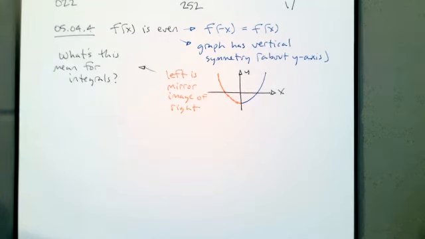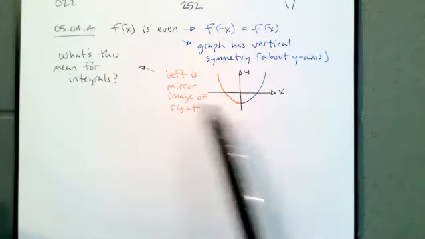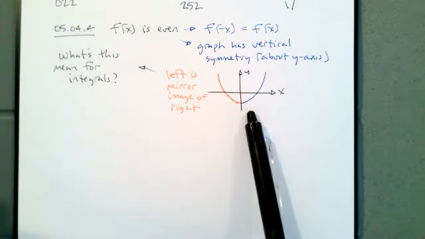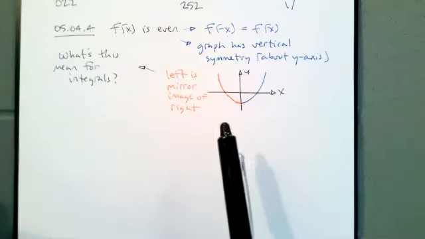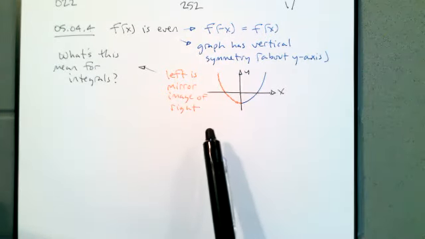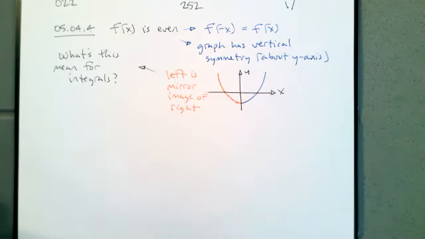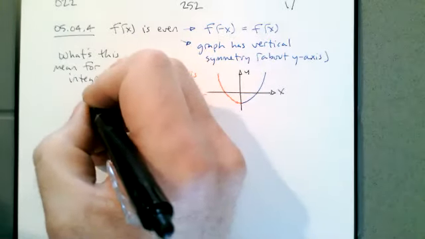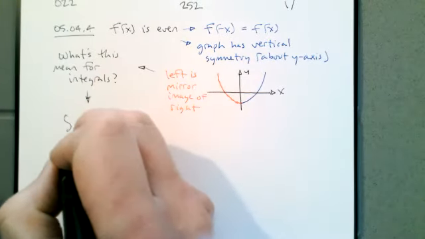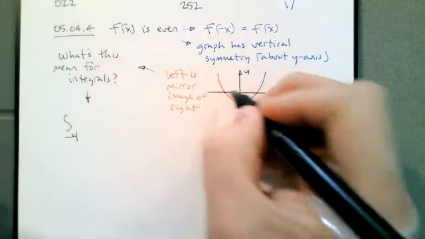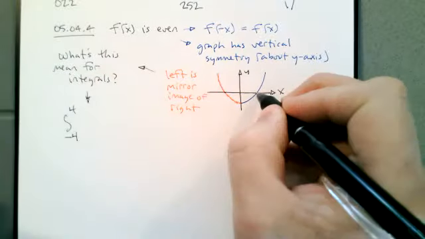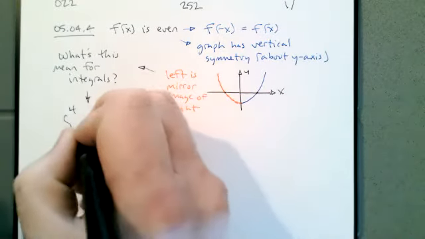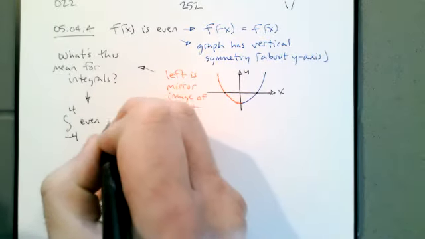So this means that, oh darn, we're out of time. So here's the question that we were going to be left with. What does this mean for integrals? We've got the picture of this now. Take a look at how the integral is set up in this problem. In particular, the integral from, say, -4 down here to 4, the mirror up here, of an even function, dx.